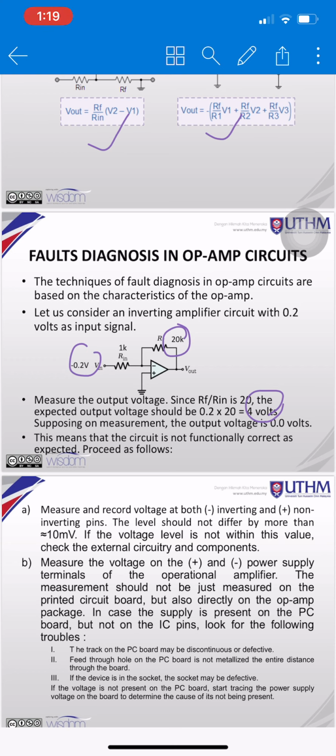To rule out this possibility, isolate the output pin from its connection on the PC board and observe the following. We isolate just the feedback circuit and measure the voltage at the output pin.